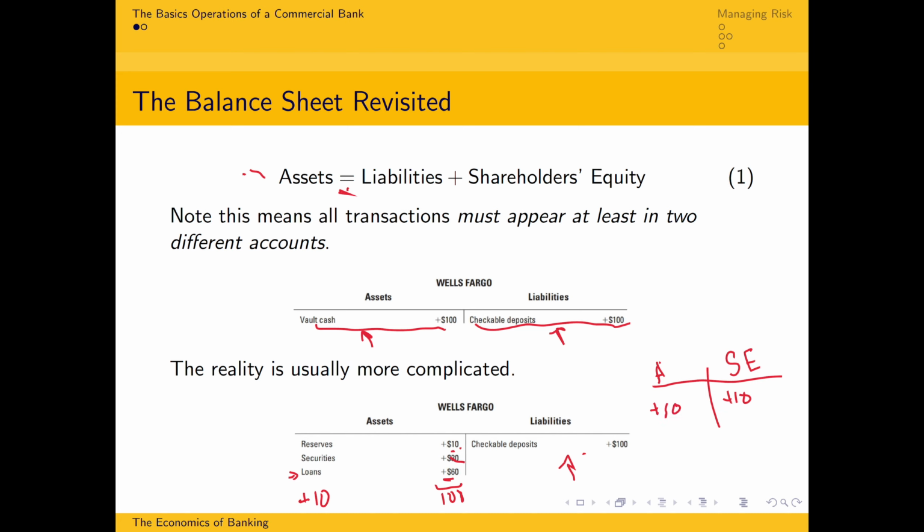So shareholders' equity is going to go up $10. And so the net value of the company of Wells Fargo in this case is going to go up by $10 because they used those $100 in deposits to generate $10 in interest. So that's how a bank generates value, and that's how they record that net worth change.